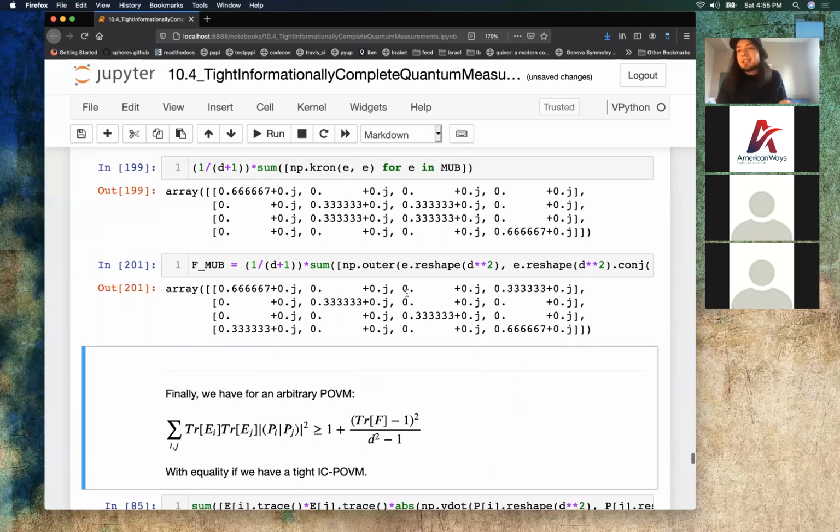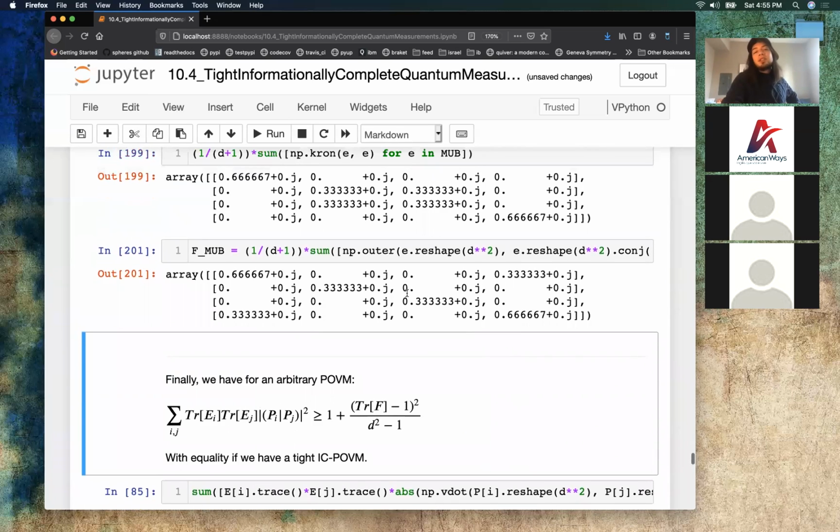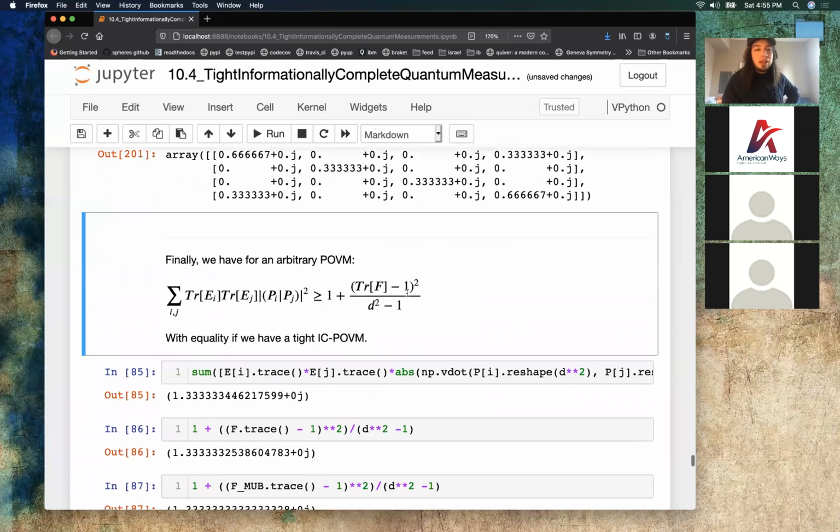And you see it's the same as in the case of the SIC. I just got confused. These look so similar. Anyway.